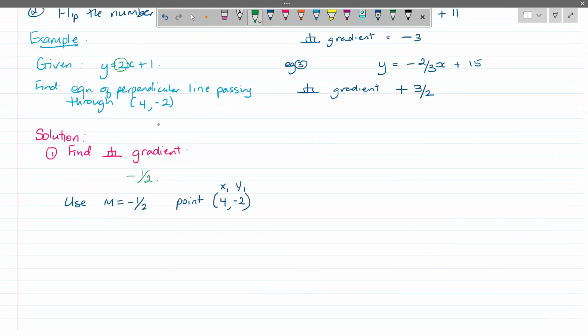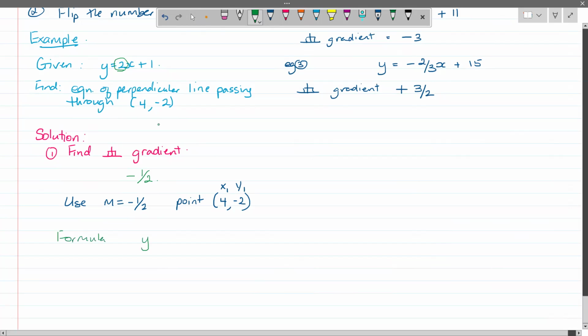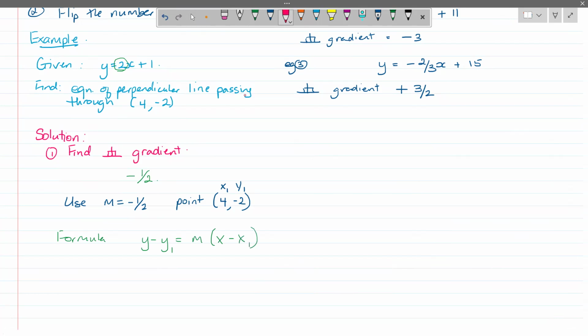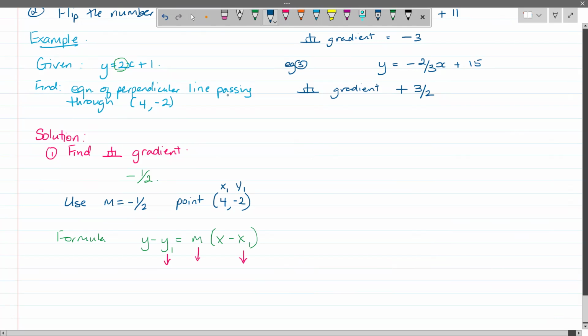The formula for the equation of a line remains the same. The only thing that changed is the way in which we find the gradient. And we substitute in here. So y1 is -2.